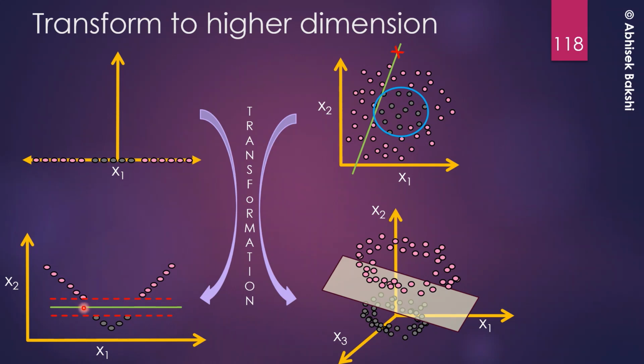So it looks something like this, and here you have a chance to get a proper margin, where above the margin you have one class and below it another class, right? This is for this case. So it's a simple squared calculation you have done.